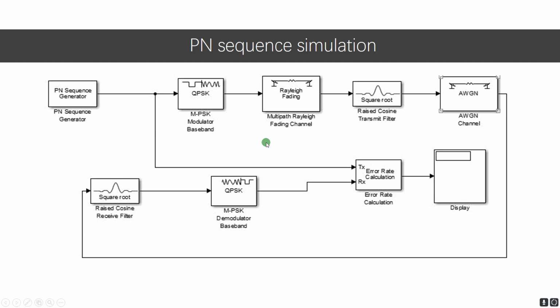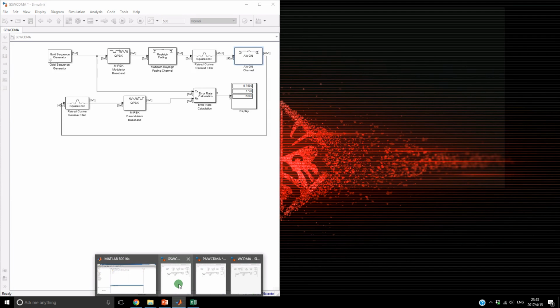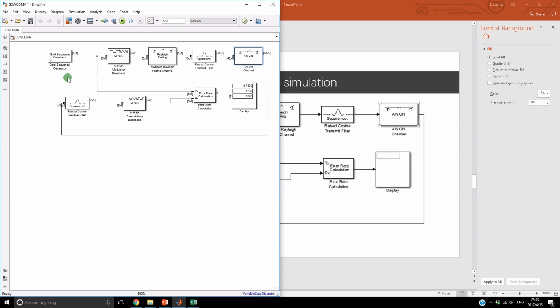Here's the MATLAB Simulink simulation model. Here I have turned on MATLAB Simulink, and this is the Gold sequence generator. Then from the Gold sequence generator the signal goes to the MPSK modulator. Here it is QPSK, so M is 4, and then it goes to the small scale fading.